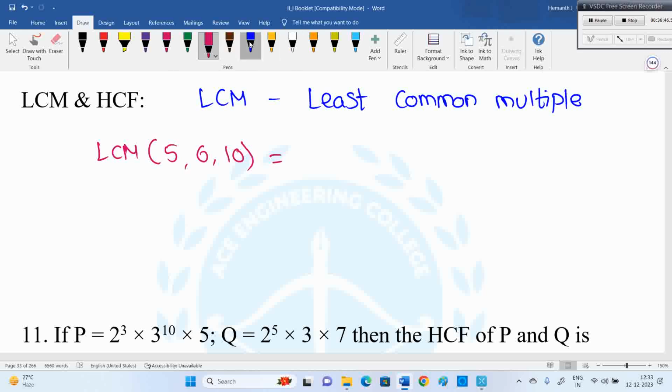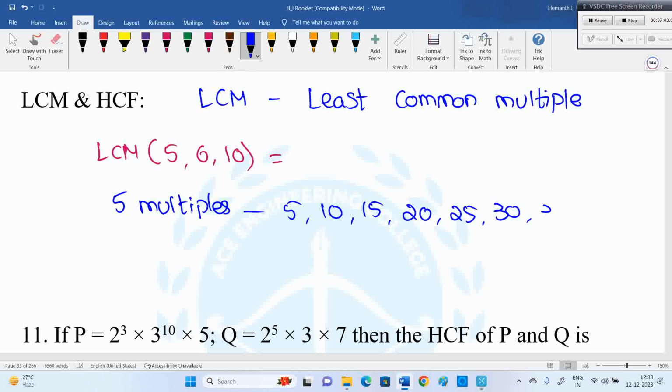Now see, this is how that concept comes into the picture. What are the 5 multiples here? Write the entire list. 5 multiples are 5, 10, 15, 20, 25, 30, 35, and so on.